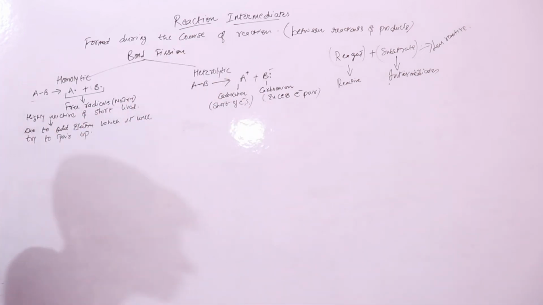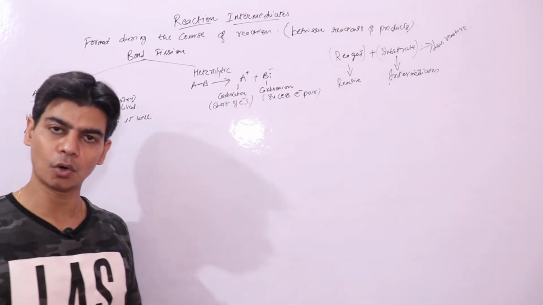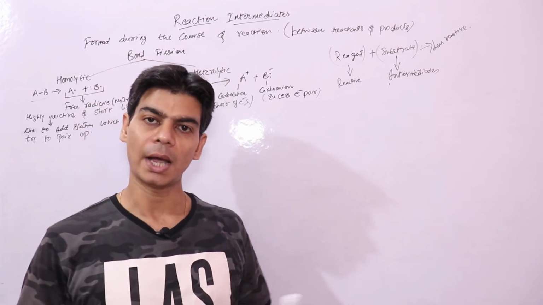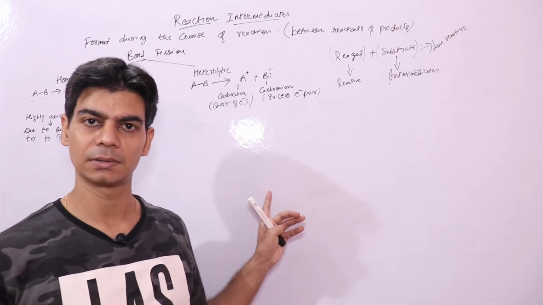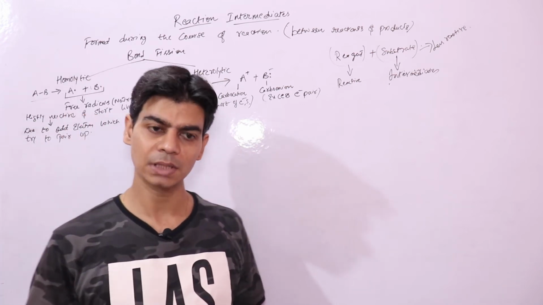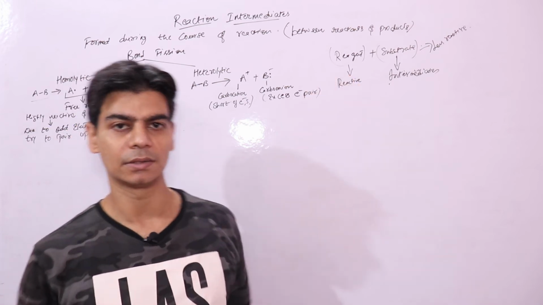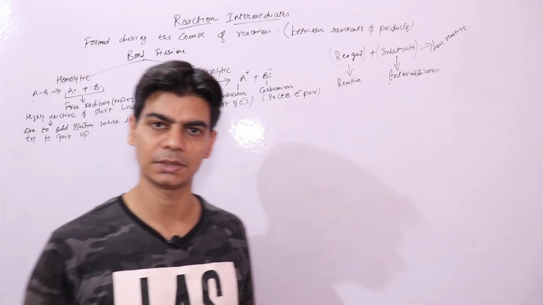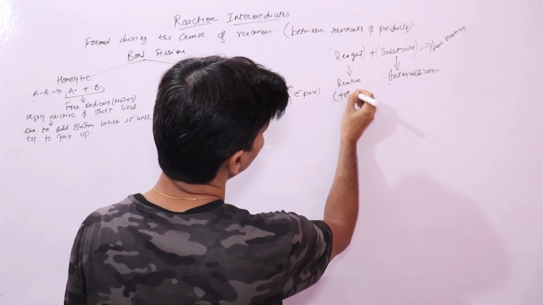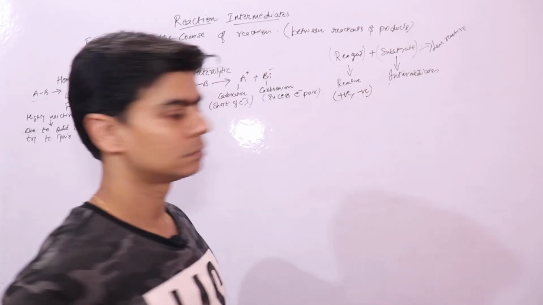So when a reaction is taking place, your substrate, the organic molecule, is less reactive, which is changed into highly reactive reaction intermediates. When it is changed into highly reactive reaction intermediates, it would be attacked by the reagent. This is how a chemical reaction takes place, and this reagent can be positive or negative.